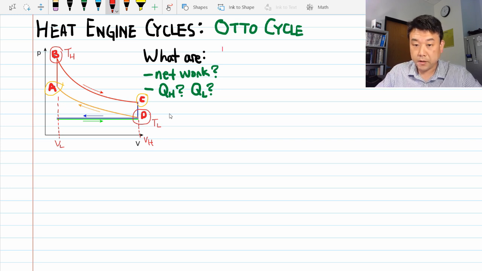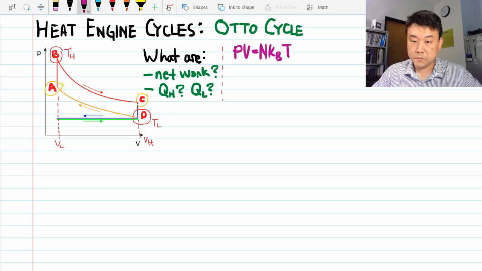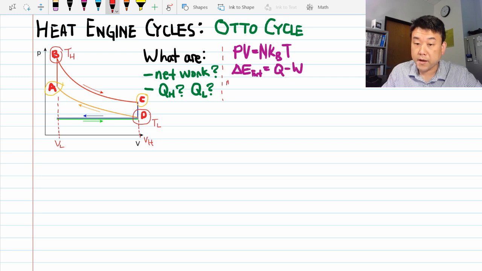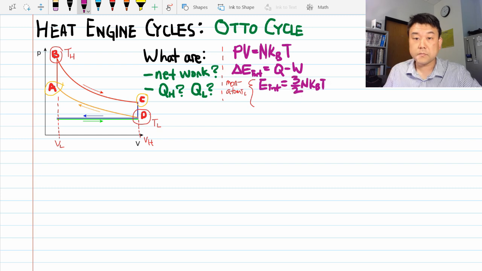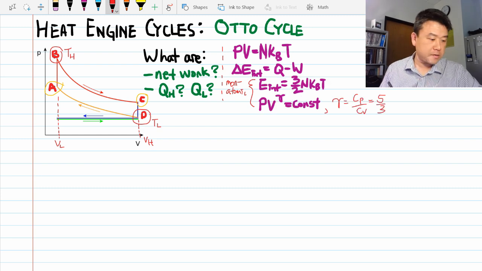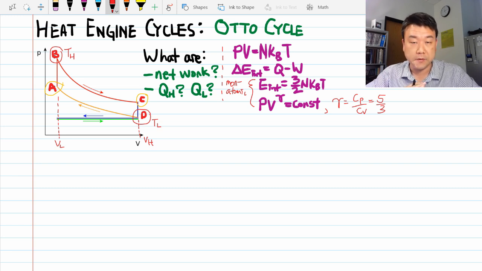Alright, as before, let me write down all the equations that we are going to be using. The ideal gas law, the first law of thermodynamics, and for monatomic ideal gas, the internal energy, and the adiabatic relationship.